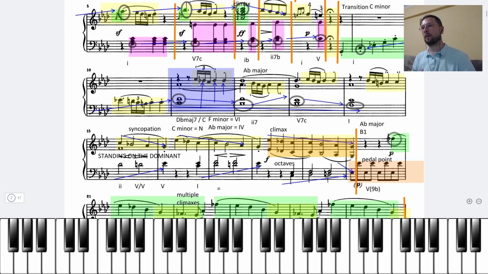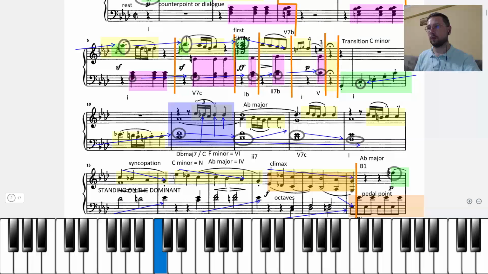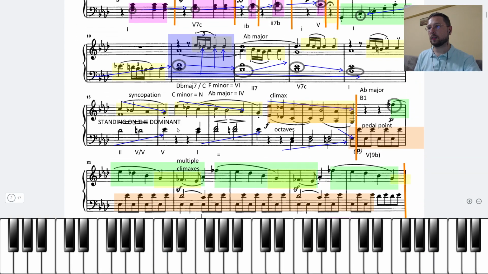So you could easily imagine this music being written for a string quartet, and probably in some drafts it might have been, because the voices are very clearly distributed and they are basically within the range of these instruments. That could be the cello, then you could have this dialogue between the 2 violins, and then just the viola.